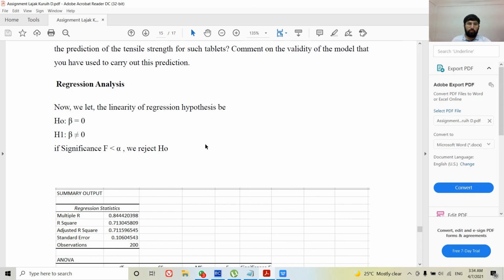In H0 the beta is equal to 0, in H1 the beta is not equal to 0. So if significant F is smaller than alpha, then we would reject H0.